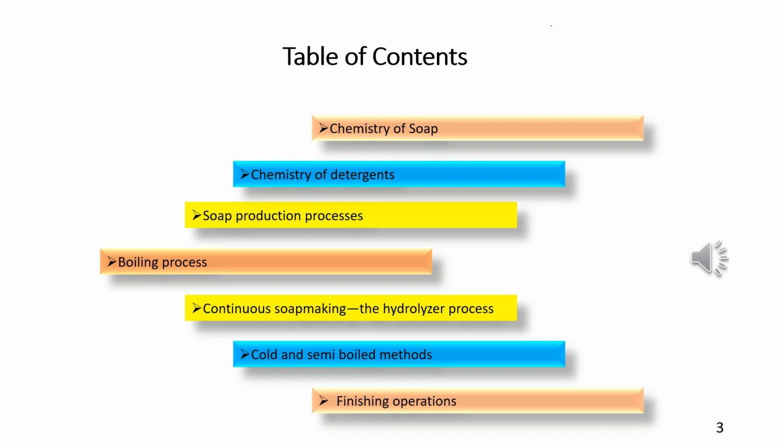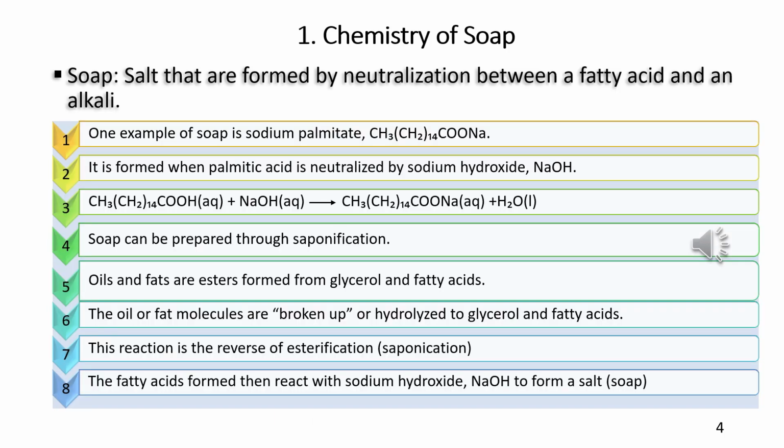These methods include boiling process, continuous soap making, the hydrolyzer process, cold and semi-boiled methods, and finishing operations. Number 1 is chemistry of soap. In these slides you will learn the chemistry involved in the making of soap.